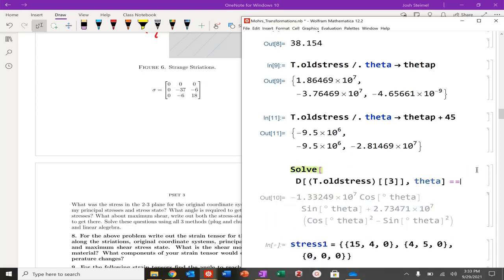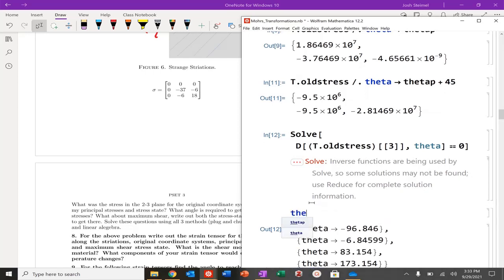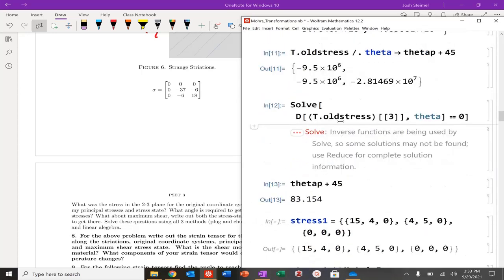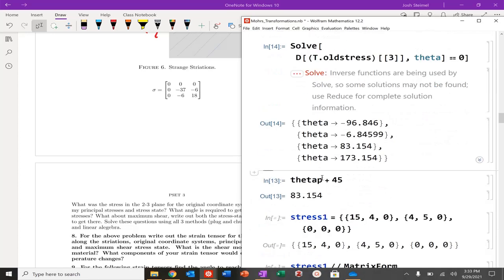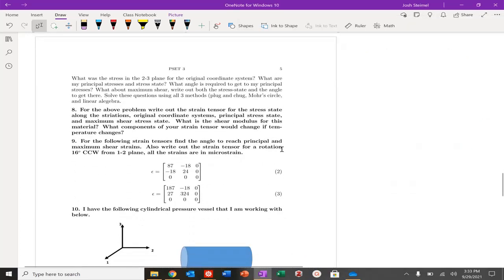Maximizing this equation, let's see if that is theta P plus 45. What do you know? Same value. So we've got it. Let's show that again: 83.145, 83.145. I could plug that in, and there's my value, the center of my circle. We've got it. I'm not going to do all three methods, but all right.